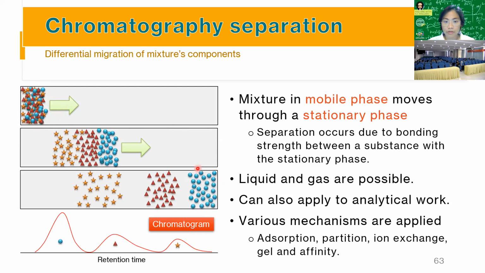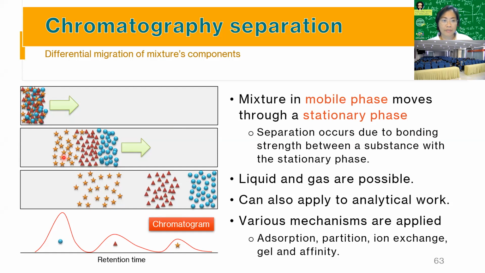The blue dots move faster because the bonding strength between it and the stationary phase is the least, so it moves through the column faster. The red is a little bit slower, and the yellow is slower as well. So that's how the separation could be achieved.